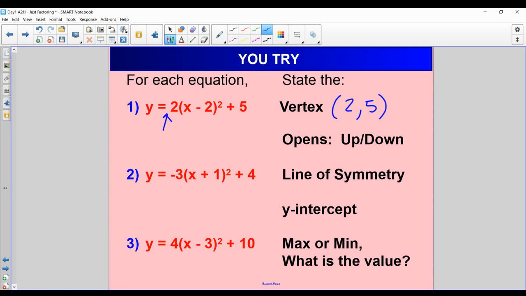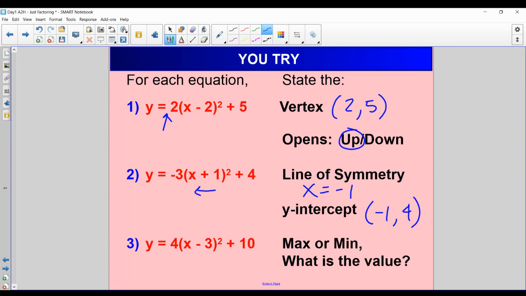Because it's positive, it opens up. Line of symmetry, I am shifted to the left 1. So my line of symmetry is x equals -1. And the y-intercept then is -1, 4.